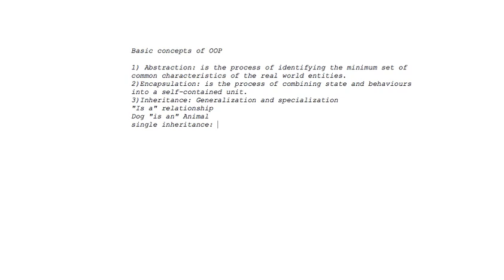So from one parent class, a child class will be derived. That is single inheritance. You already know that. The other thing is multiple inheritance. There may be a number of parent classes from which a child class will be inherited.